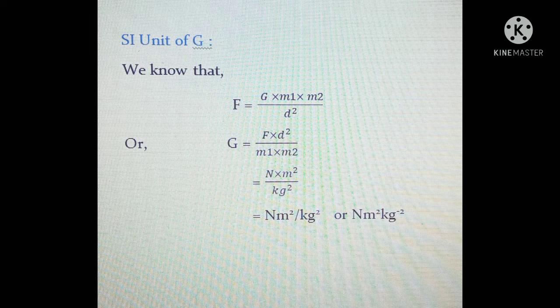In the final, we can say it as Newton meter square per kg square, or it can also be written as Newton meter square kg minus 2, which means the same.